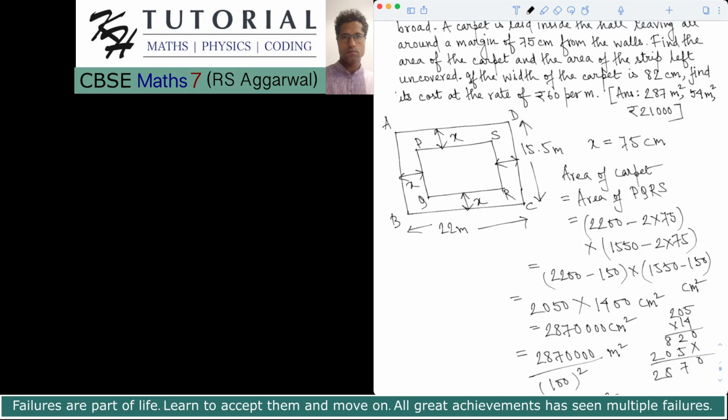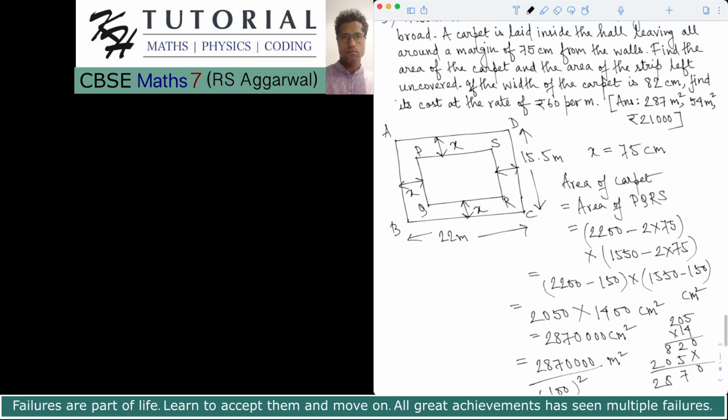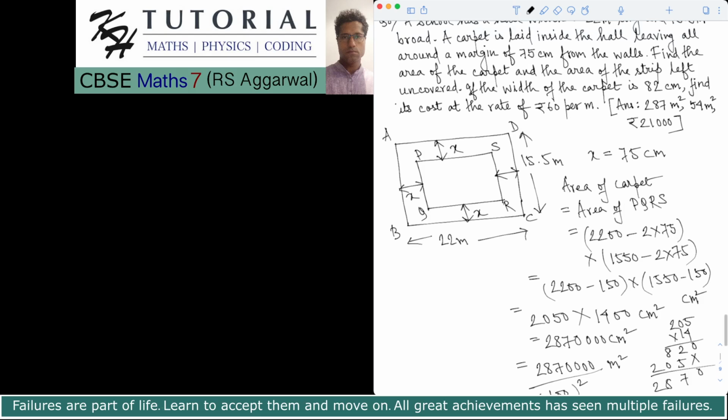Since the strip is inside, if you consider the hall as the rectangular plot and the strip as the path, we can easily find the area of the strip, and once we have it, we can add it to the area of the carpet.